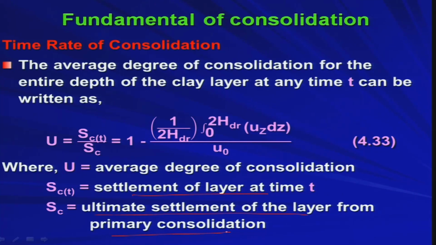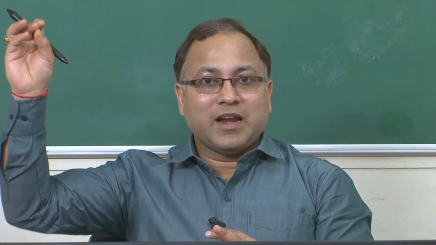At the end of the primary consolidation, when your degree of consolidation is 100%, what is your ultimate settlement? That is the maximum settlement you can have from the primary consolidation. Now, Sct is in between: as time progresses you are getting higher settlement, and slowly it will be equal to Sc.